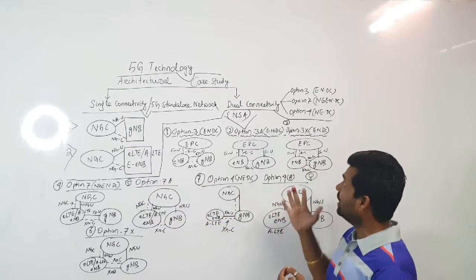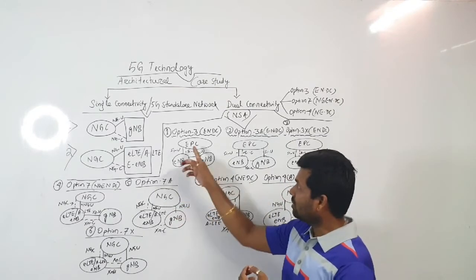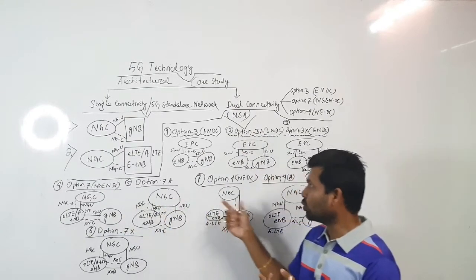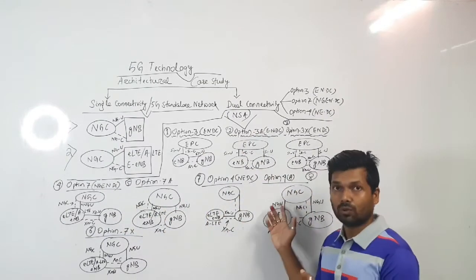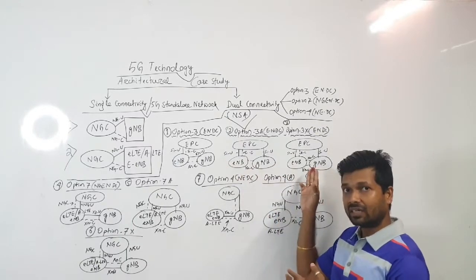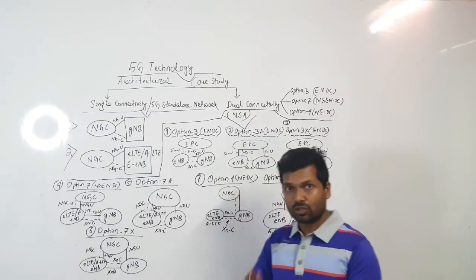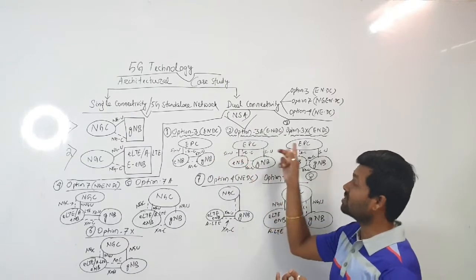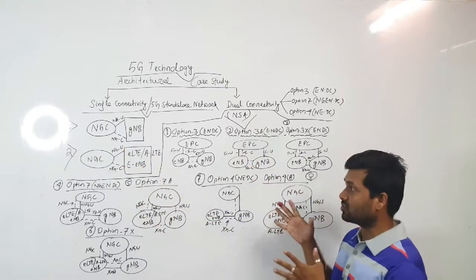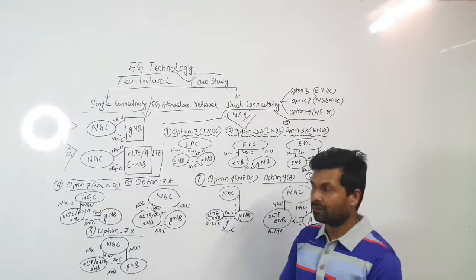But in all the 8 different options, in case of dual connectivity, you have the EPC for option 3, and the new generation core for option 7 and option 4. So this is the difference. So in the option 3 architecture for 5G rollout, along with dual connectivity, you are using the old EPC. And the rest of the architectural options use the new generation core, a purely new core.